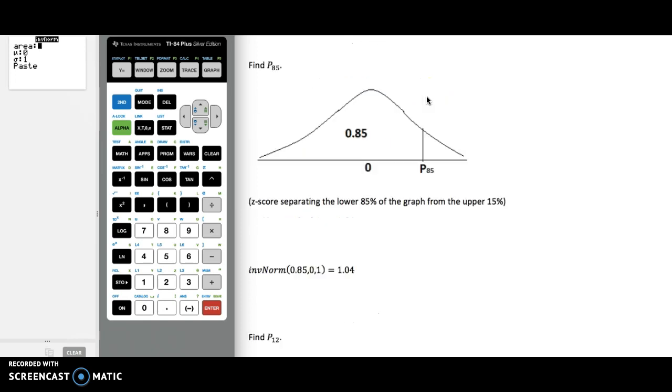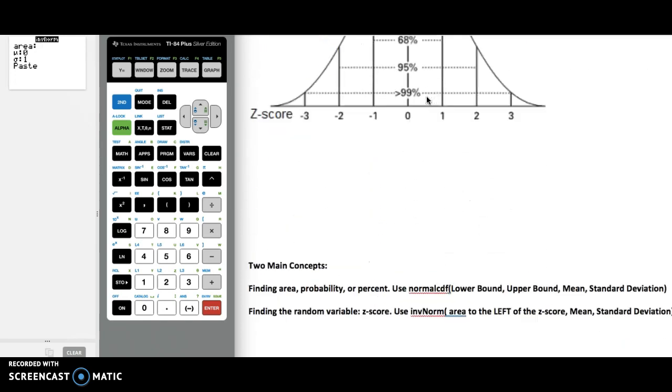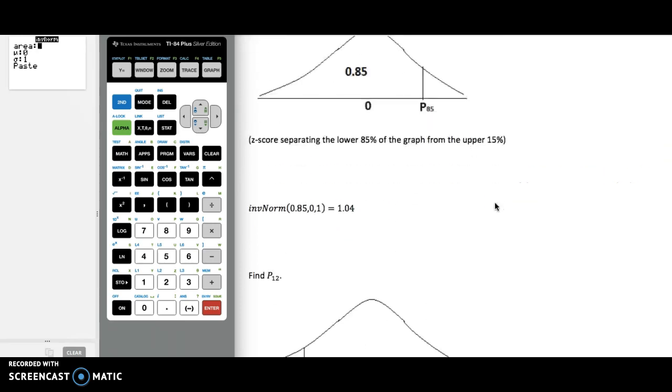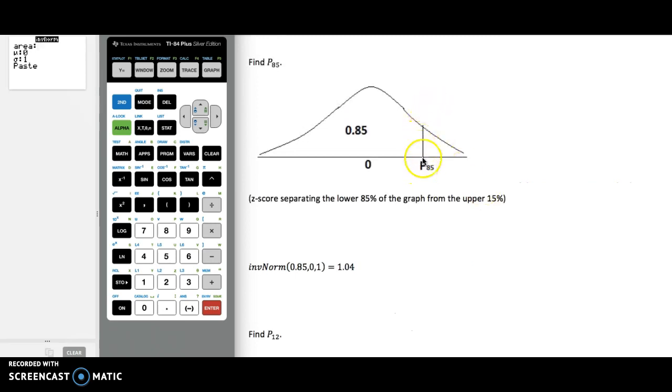Well, if you go to the top, it's always area to the left of the z-score. It's the cumulative area to the left. It always has to be the area to the left. So here's my z-score. The area to the left of it is this region here, so 0.85.